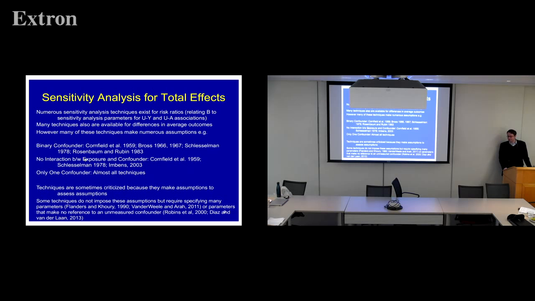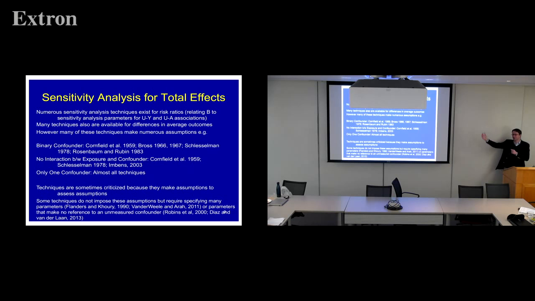Another very common assumption, which again makes the analysis more tractable and leads to closed form expressions for sensitivity analysis, is that there's no interaction between the exposure and the unmeasured confounder on some scale, so that the effect of the unmeasured confounder itself on the outcome is similar for the exposed and the unexposed.